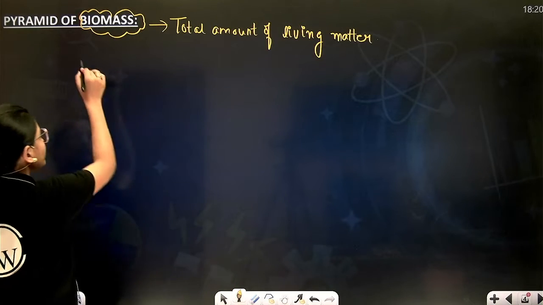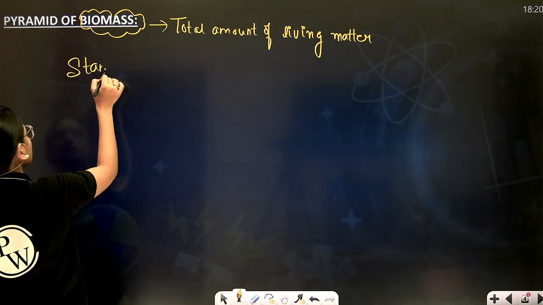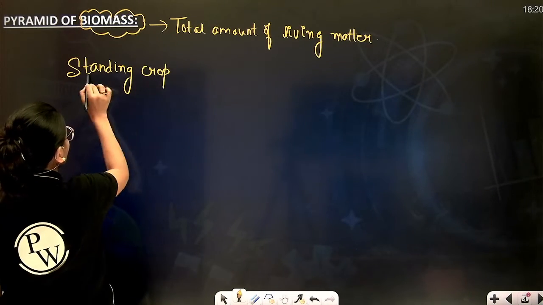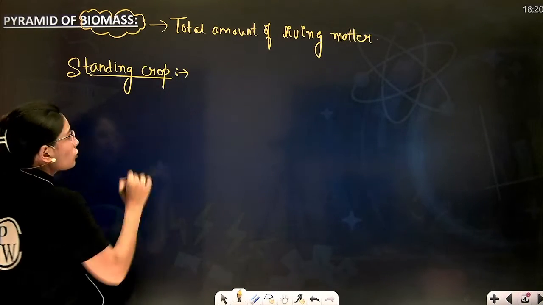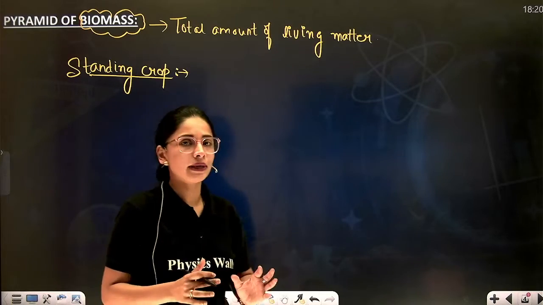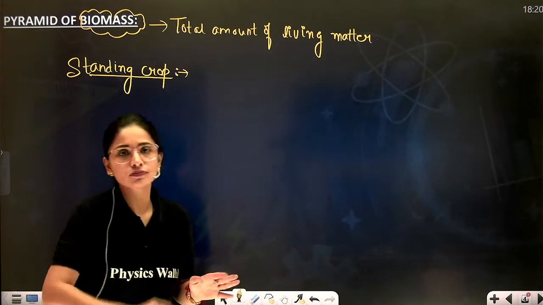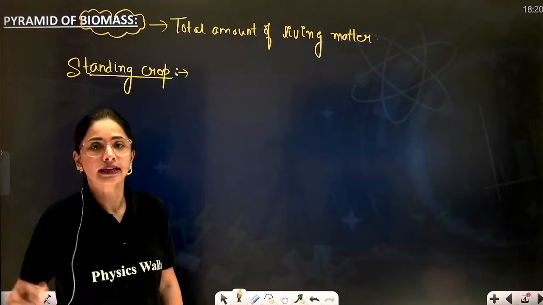There is one more terminology used for this, which is standing crop. Now what is the standing crop? The standing crop means the total amount of biomass present in different organisms occupying different trophic levels.